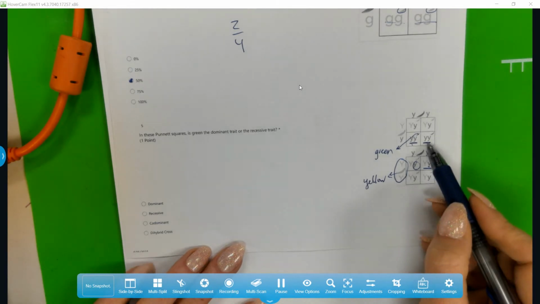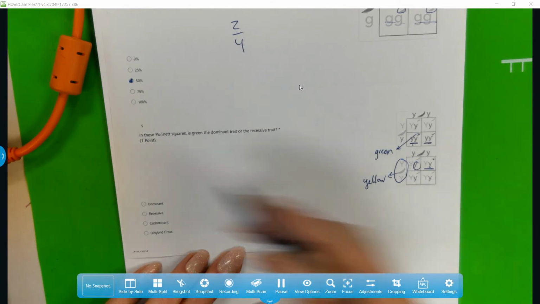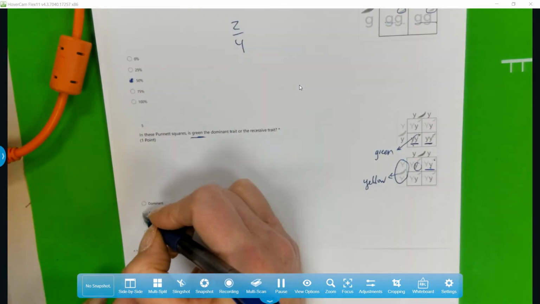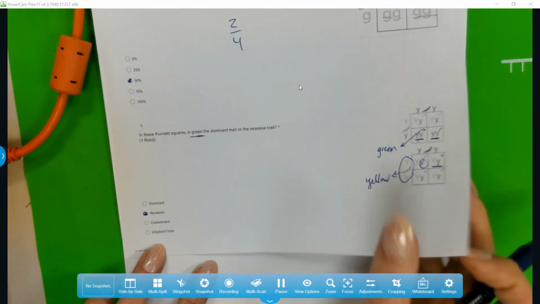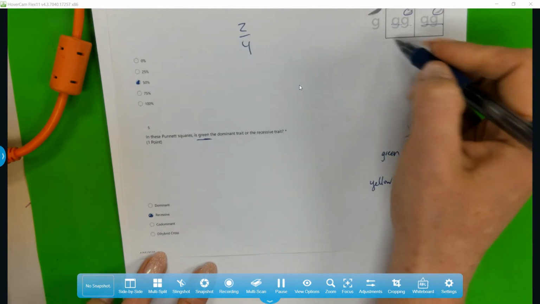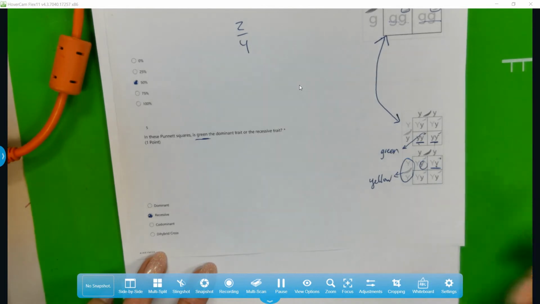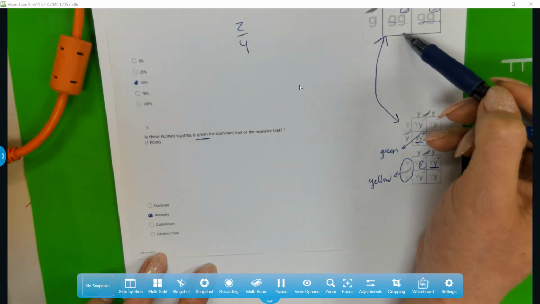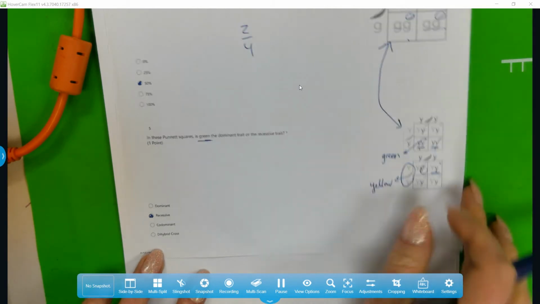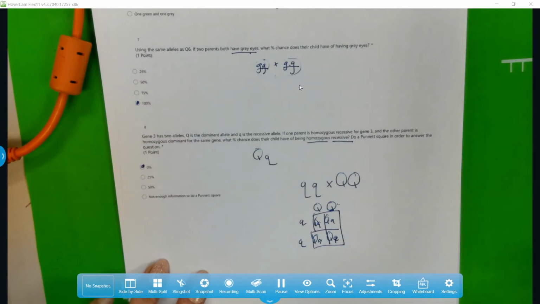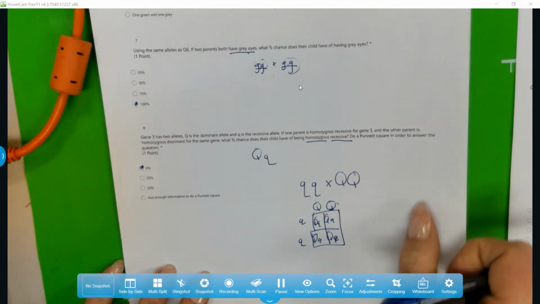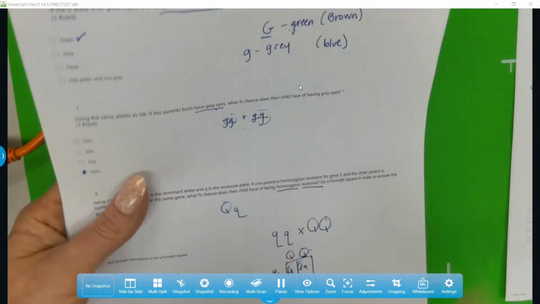So two lowercase letters is the homozygous recessive, and it's going to show the recessive trait, which is green. So in this Punnett square, green is the recessive trait. Just as a coincidence-ish, not really a coincidence, in the Punnett square in which green is dominant, they used G's, and in the Punnett square in which yellow is dominant, they used Y's. That's sometimes a pattern, but it's not a universal rule.